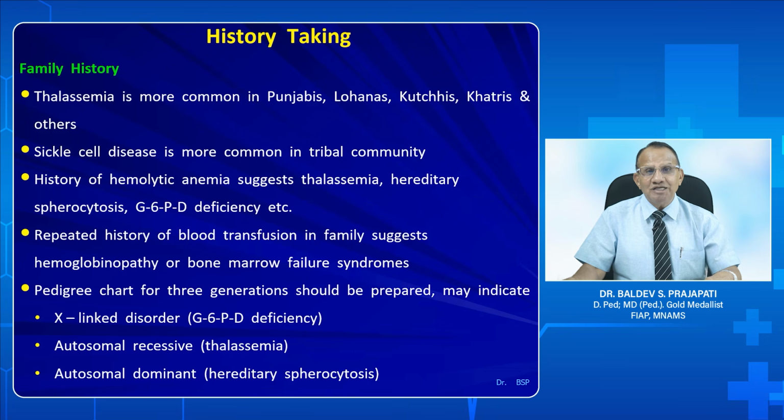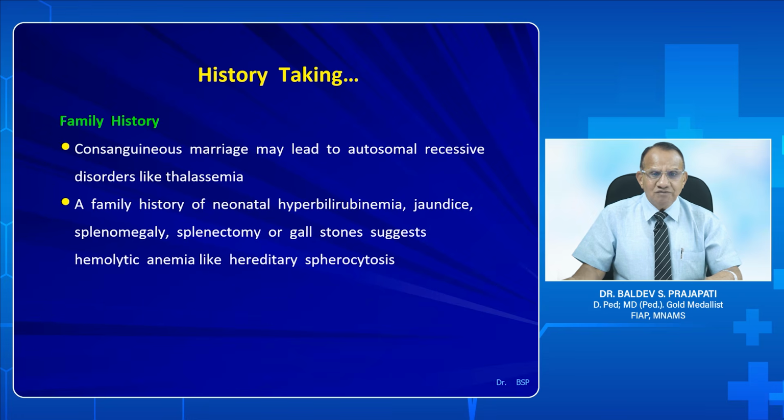Therefore, it is very important to prepare the pedigree for a minimum of 3 generations, and that may reveal an X-linked disorder, where there may be G6PD deficiency. If it is autosomal recessive, thalassemia is more common, and autosomal dominant may be hereditary spherocytosis. Even consanguinity is important, because all of us know that with consanguineous marriage, autosomal recessive disorders like thalassemia are common.